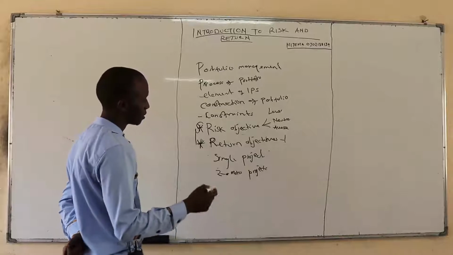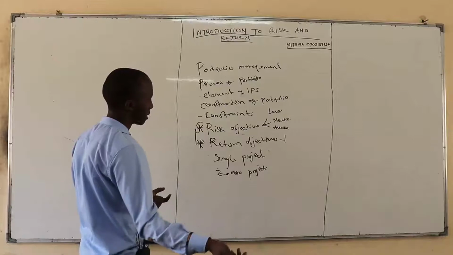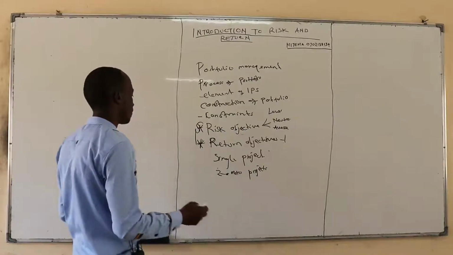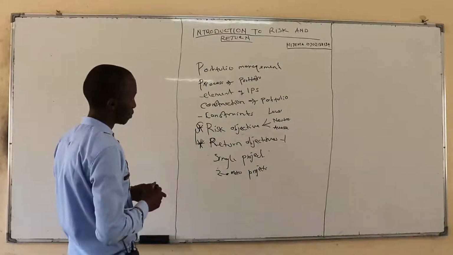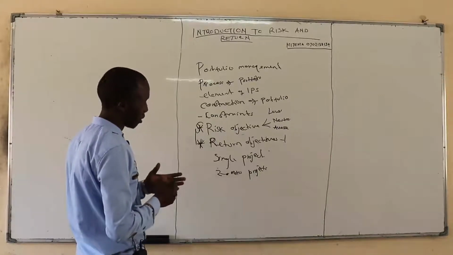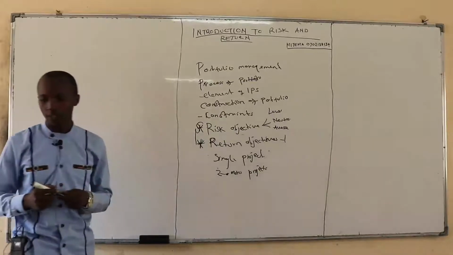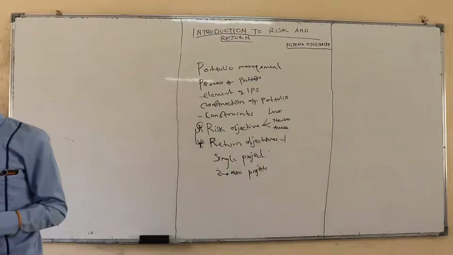The reason for doing that is just in case one does not pay off, the returns from the other offset the losses made in the other projects. So we are going to look at the risks involved in different projects, and the measures involved in the risk and return calculations.